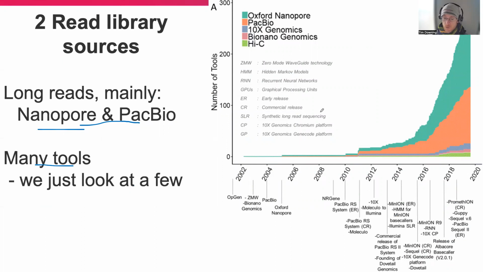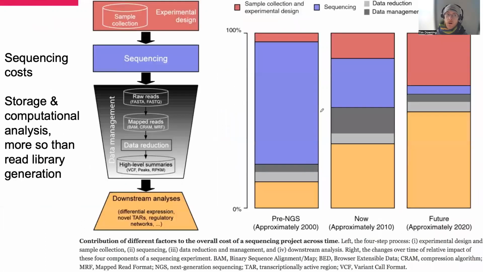Let's also note that there are certainly sequencing costs, but costs associated with computational analysis can often be higher than those for the original read library generation. With this workflow we have our experiment, sequencing, our raw reads, intermediate files, our interpretation of results, and so on.